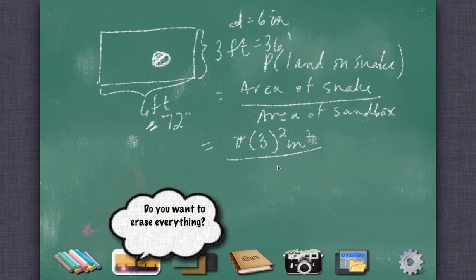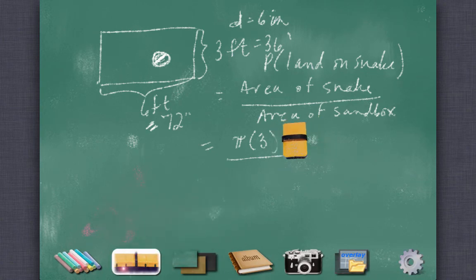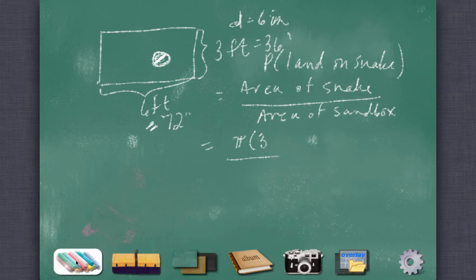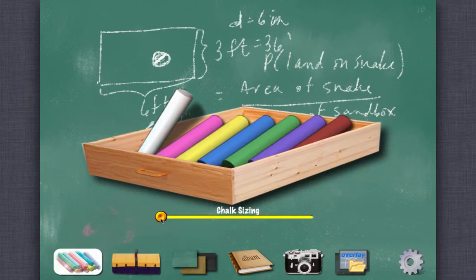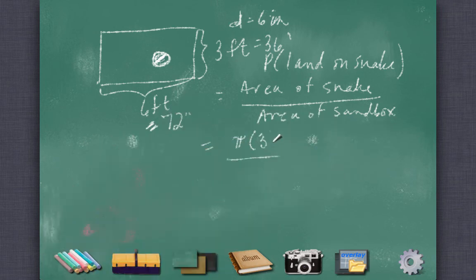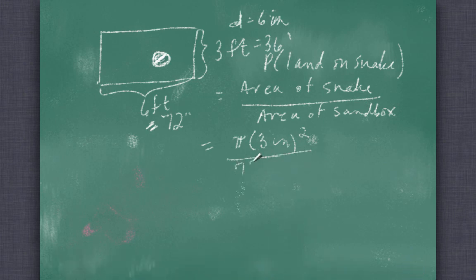Let me write this out carefully because keeping up with units actually is a problem for people. 3 inches squared. And then down here I've got 72 inches times 36 inches because the area of a rectangle is length times width.